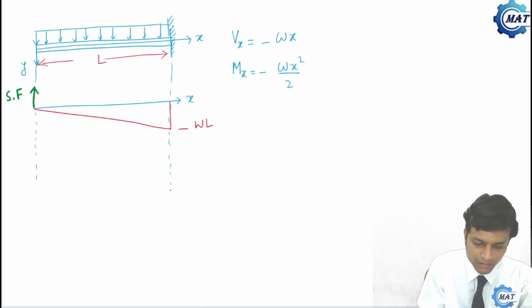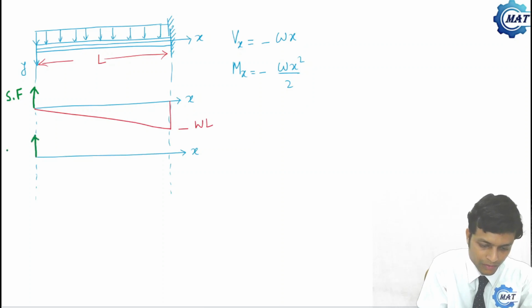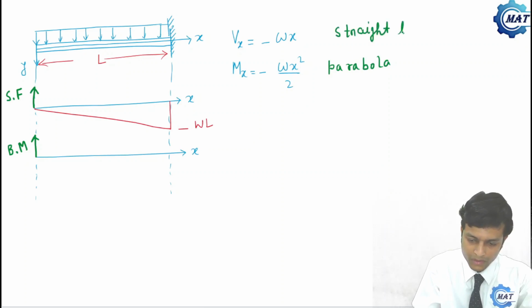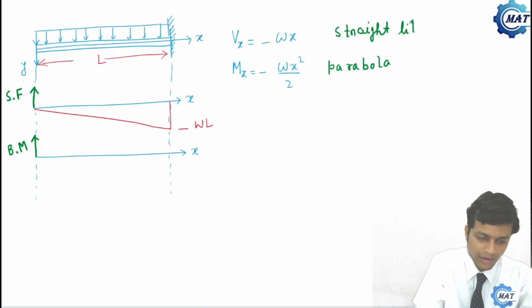Now let us draw the bending moment diagram. For bending moment, at x equal to 0, Mx is 0, and at x equal to L, it is minus wL square by 2, but this is the equation of a parabola. This was a straight line and we have already drawn the shear force diagram.